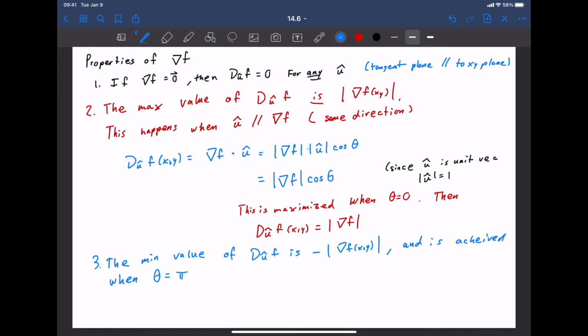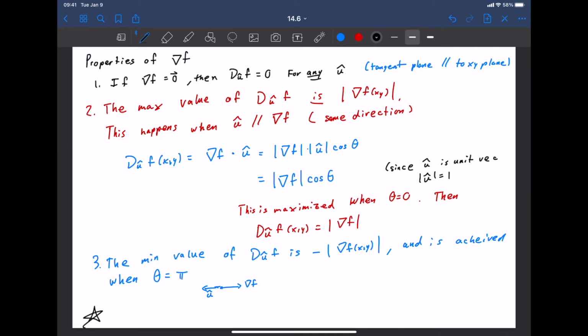When they're pointing in opposite directions, when the gradient is going one way and the unit vector is another way. That's what I'm talking about by theta here, just to be clear.